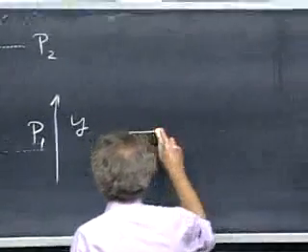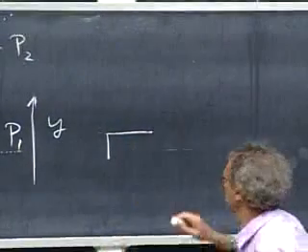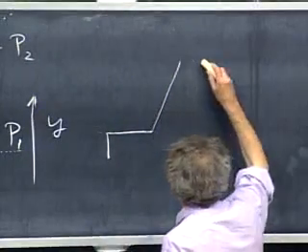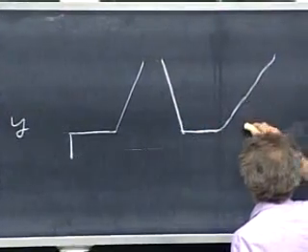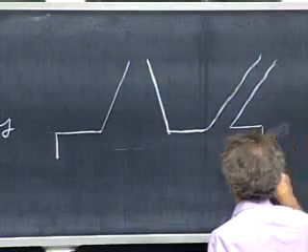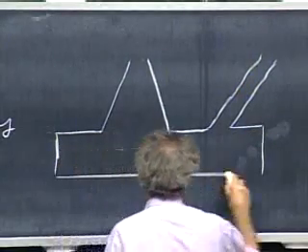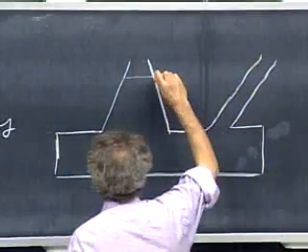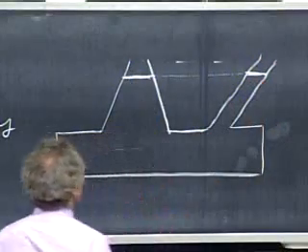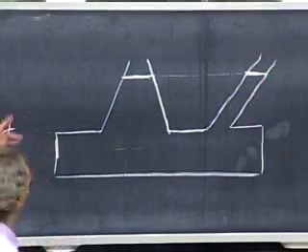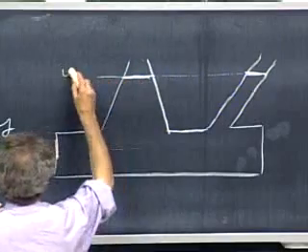This has quite bizarre consequences. Suppose I had a vessel that I fill with a liquid that had a rather changed shape, like so. A rather strange shape. So I would fill it with liquid to this level. And the level here is y2.